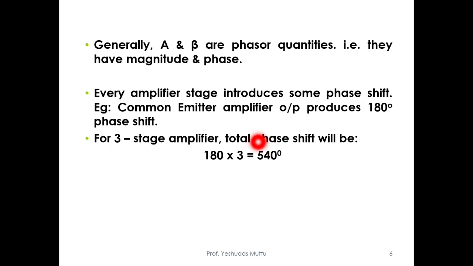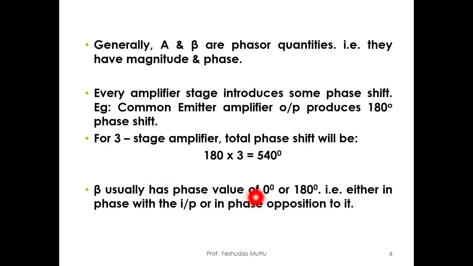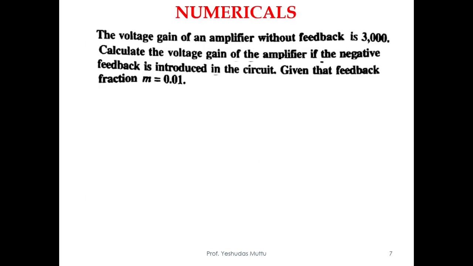So finally, the resultant of 540 degrees is nothing but 180 degrees, which tells me that beta usually has a phase value of 0 degrees or 180 degrees. 0 degrees in the sense that you give the input and you get the output in phase with the input. 180 degrees signifies that if you give an input, you get the output 180 degrees out of phase with respect to the input. So beta has these two values. So I can say that 1 minus beta A is a complex quantity. This is a little bit of analysis on A and beta.